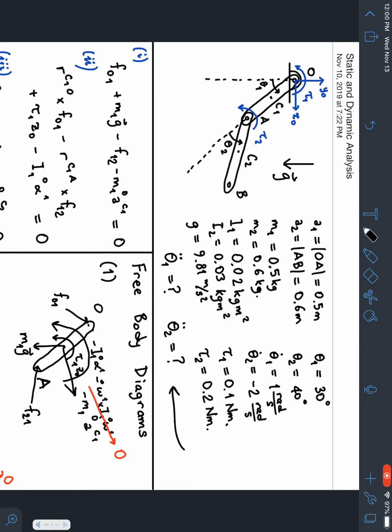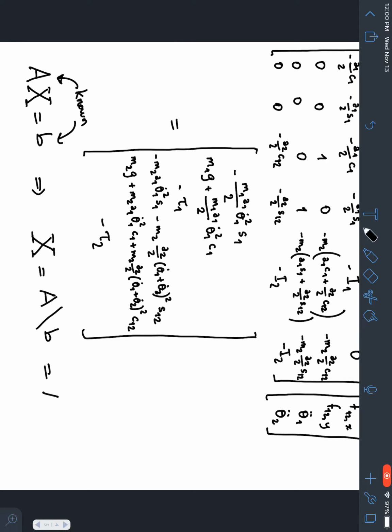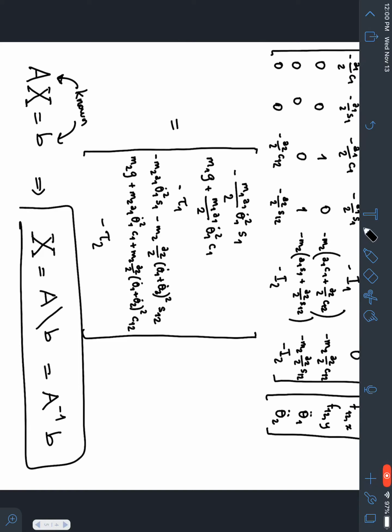So to finally finish this discussion off, I'm going to go all the way back down and say that what we've gotten here is an equation A times X equals B, where this and that are known numerically, right? So from here I can solve for X. In Julia or MATLAB, you would do A backslash B, which is theoretically the same thing as A inverse B. Okay? And that finishes our discussion of this problem.